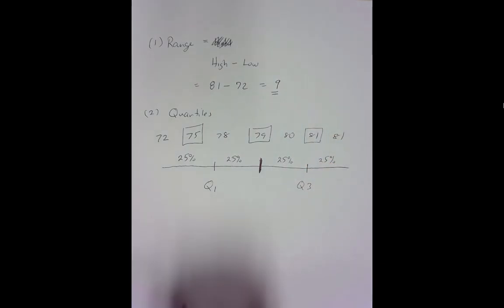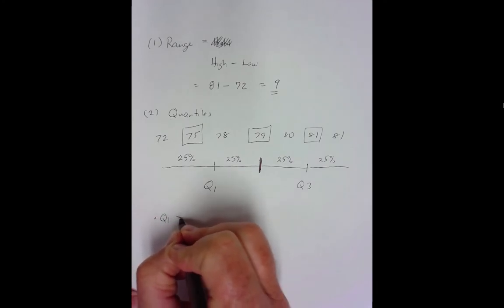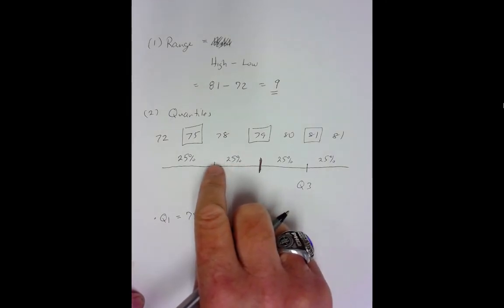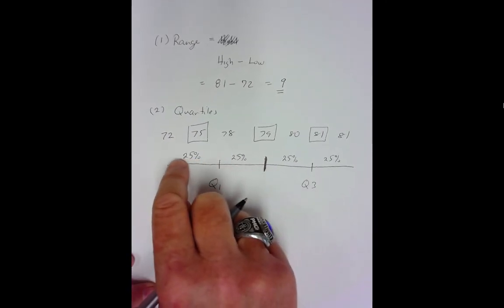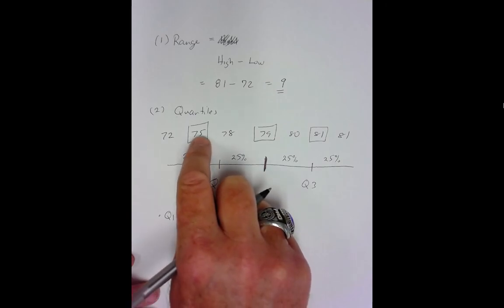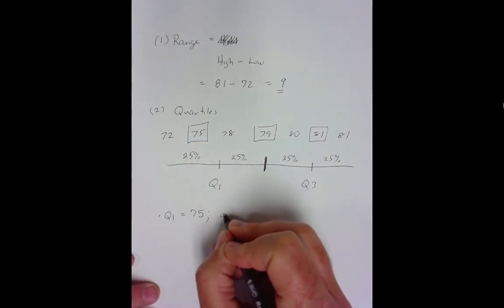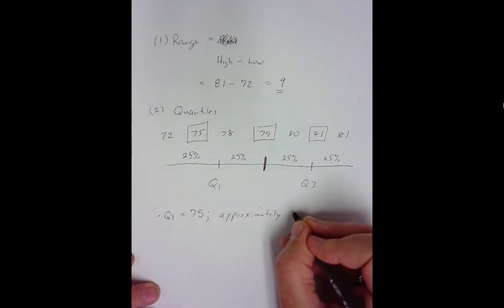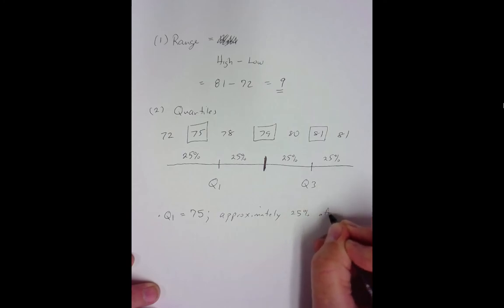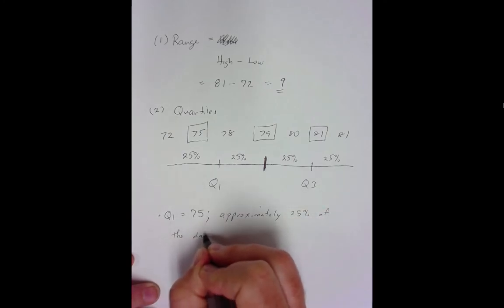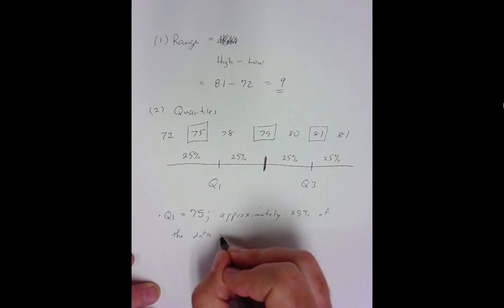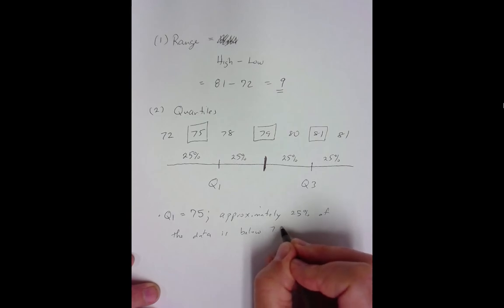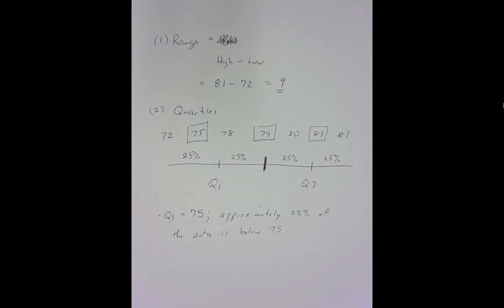So guys, what we can say here is Q1 equals 75. So what happens to Q1? 25% of our data approximately is below 75.